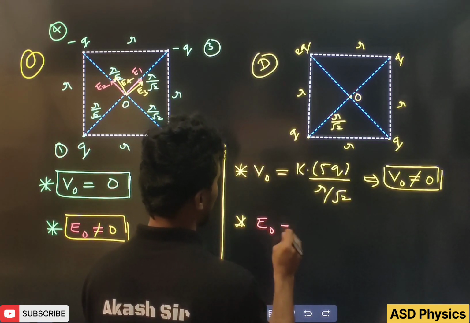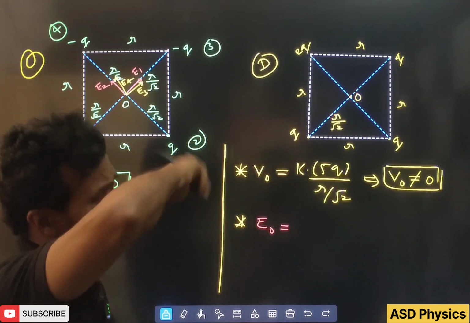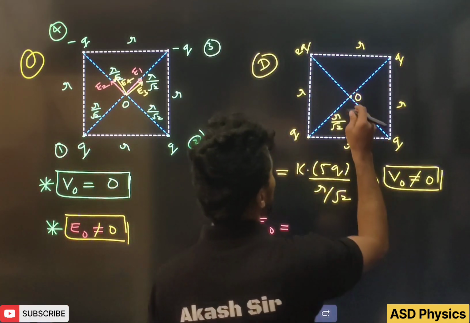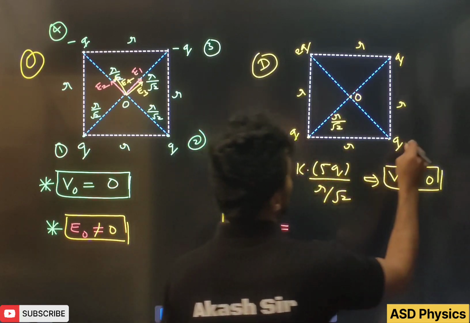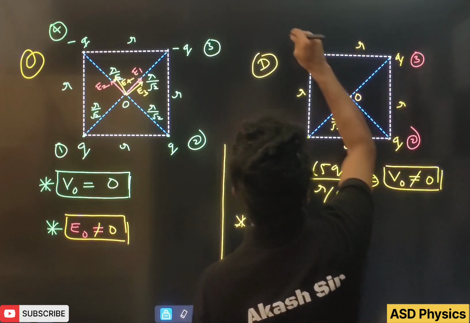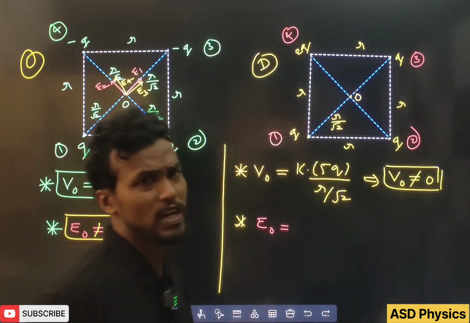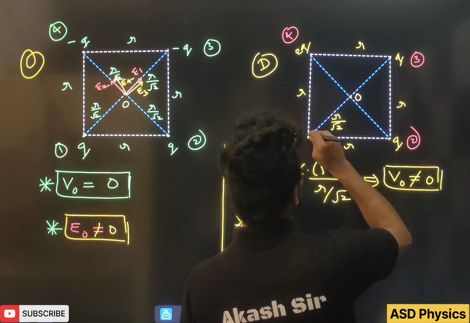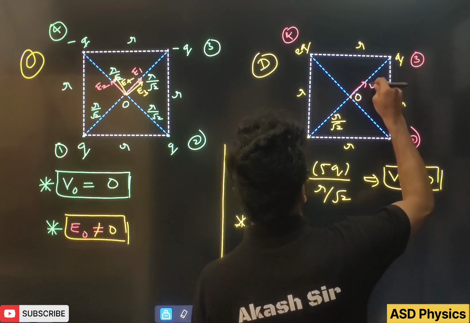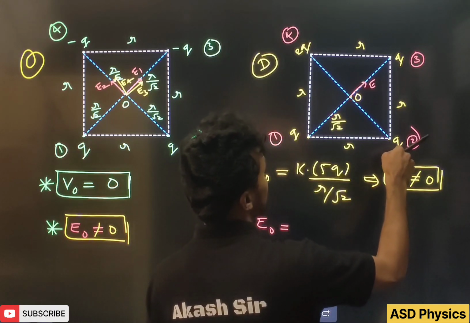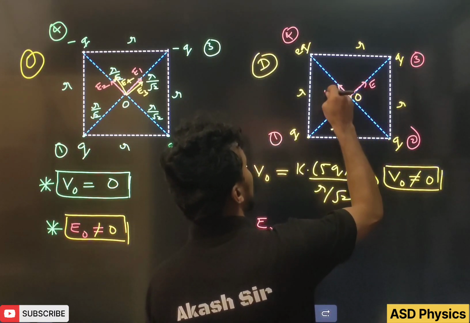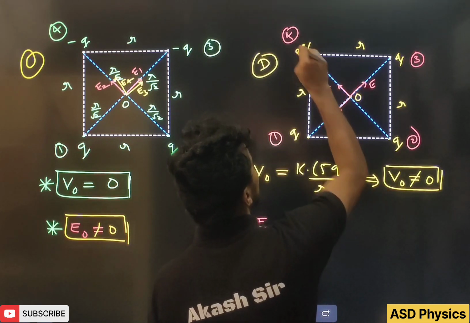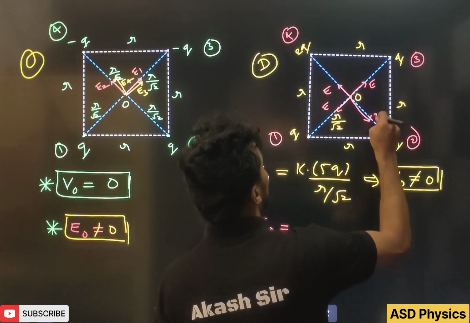Okay, electric field, tell me, 0 or non-zero? Non-zero, because the charge configuration is not symmetrical here. See here, Q, Q, Q, but here 2Q is there. If I give the numbers also, 1, 2, 3, 4. Let's take that due to charge Q at a distance of R by root 2, the electric field is E. So due to this one, the electric field is E, away, due to this one, electric field away, E, and due to this 2Q, the electric field away is 2E.